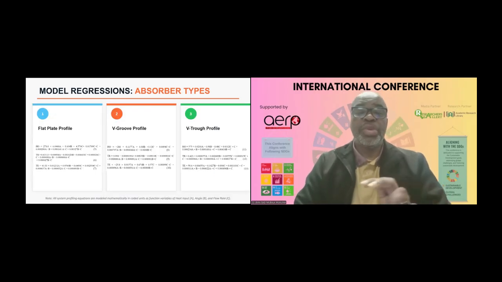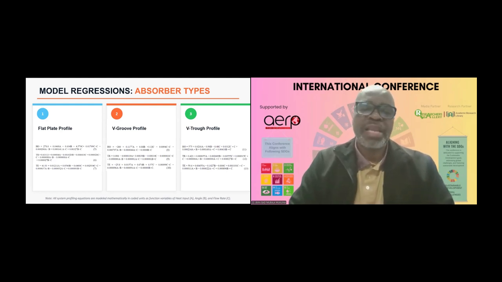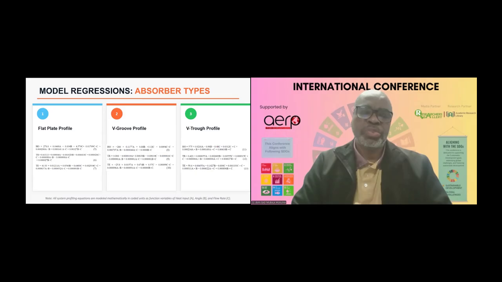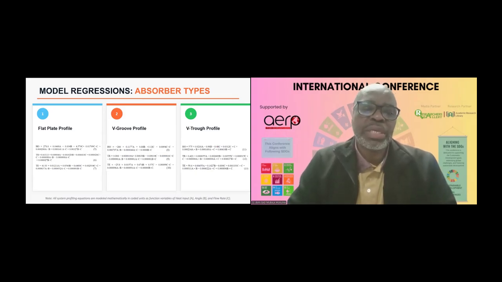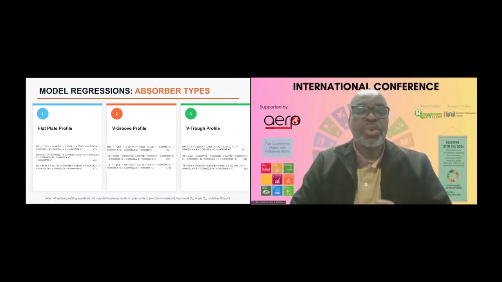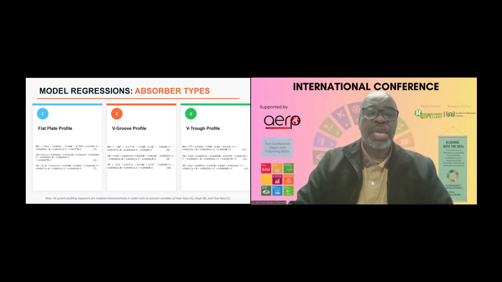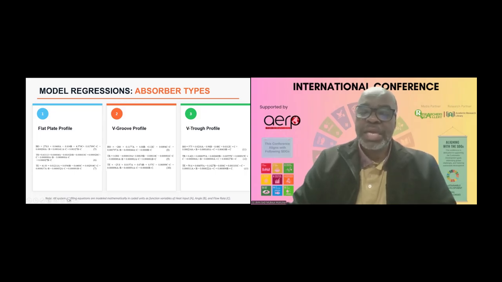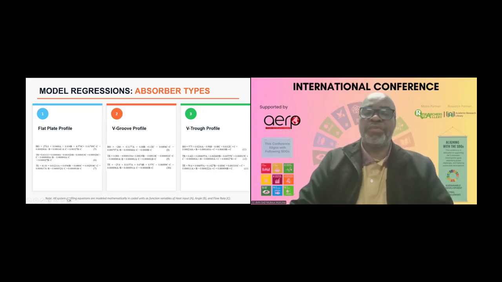For the study, we have generated three different models for each profile. We have the model which was generated using the response surface methodology, and those are regression models. We can see A, B, and C are the input variables, and the input variables are the heat input, the angle, and the flow rate.